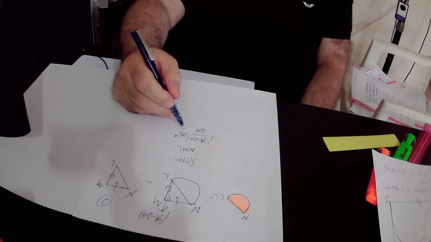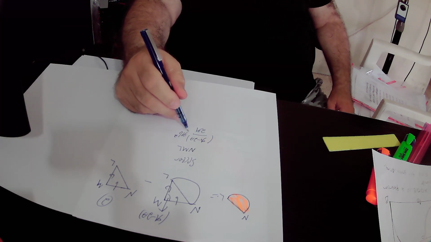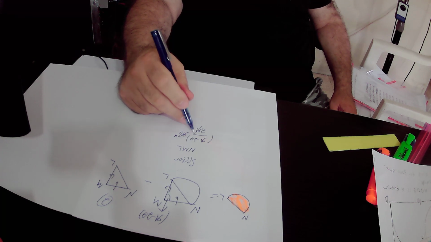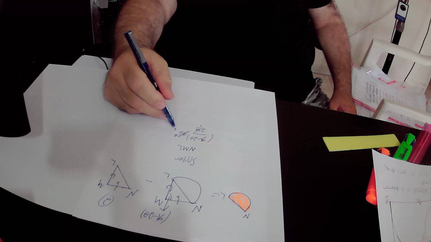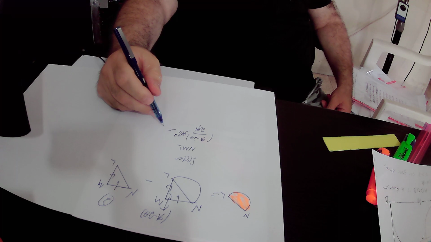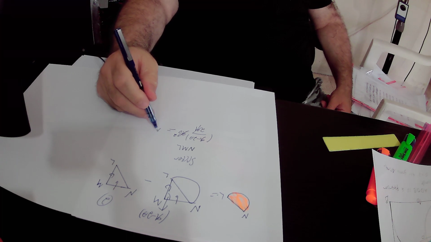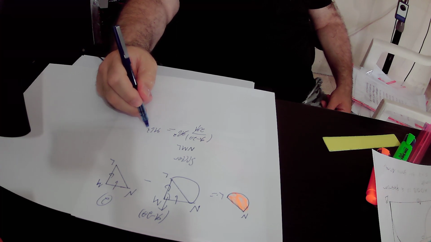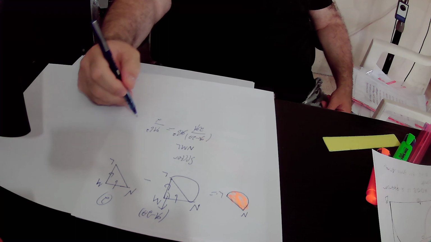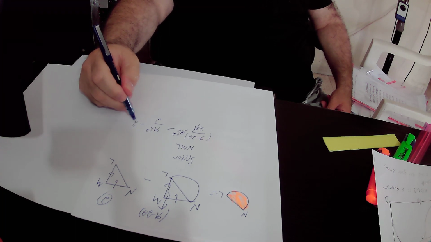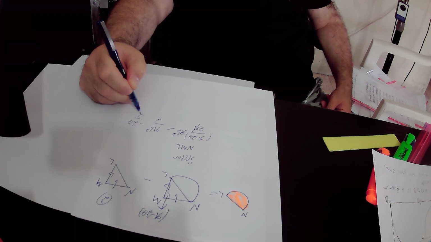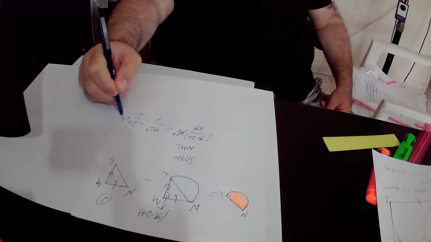Here we have pi in the numerator and pi in the denominator, so pi will get cancelled. We'll open the brackets here and we'll get pi b squared over 2 minus 2 theta over 2 times b squared.